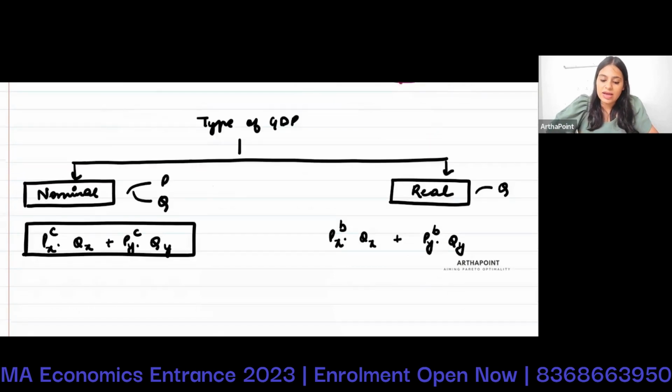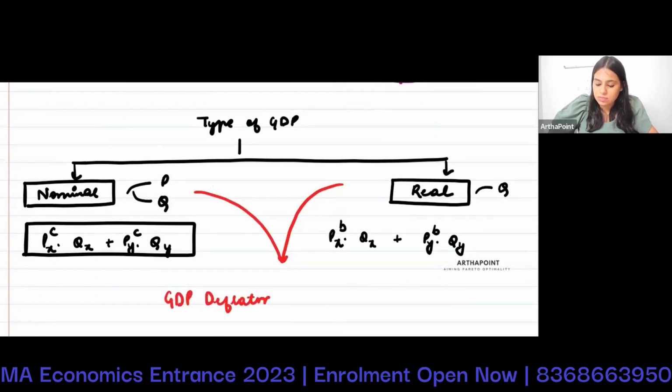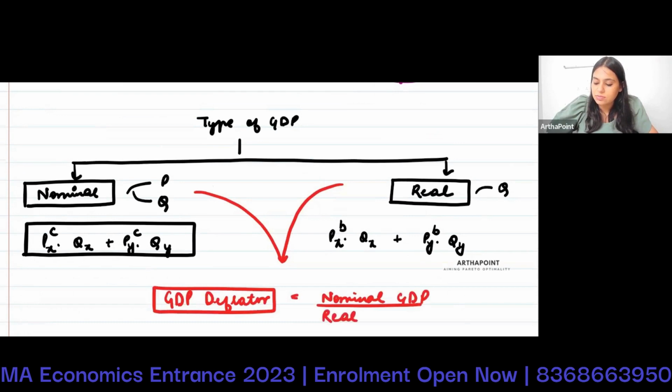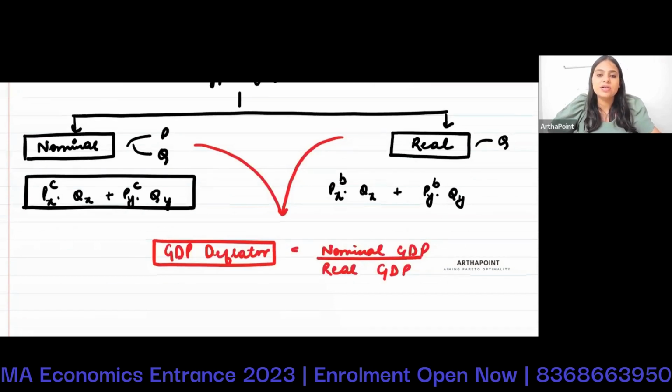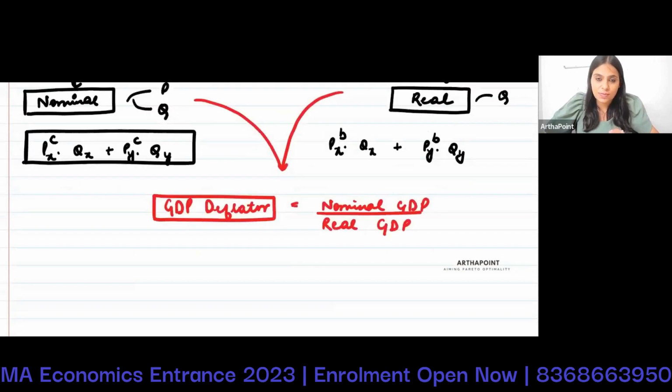So I can define, based on these two, what we call the GDP deflator. And that can be defined as nominal GDP divided by real GDP. This GDP deflator tells me how much of the change is due to inflation in the economy.